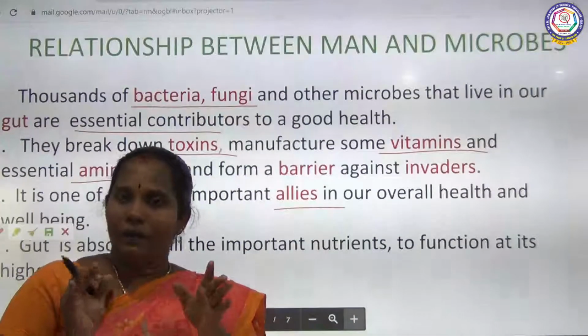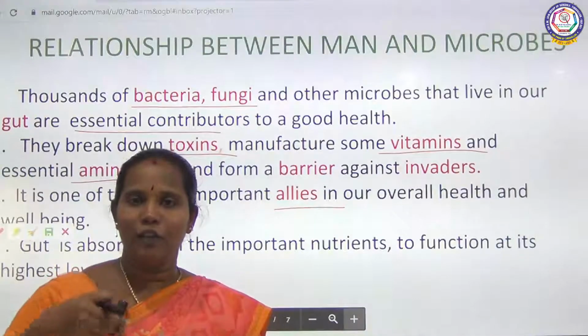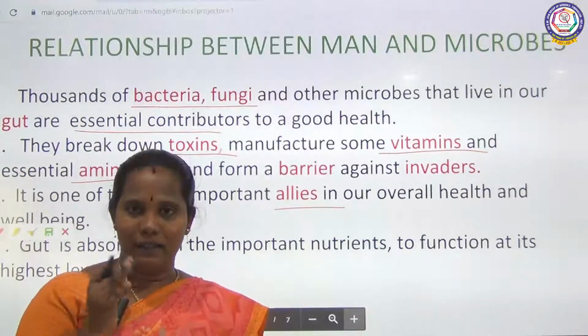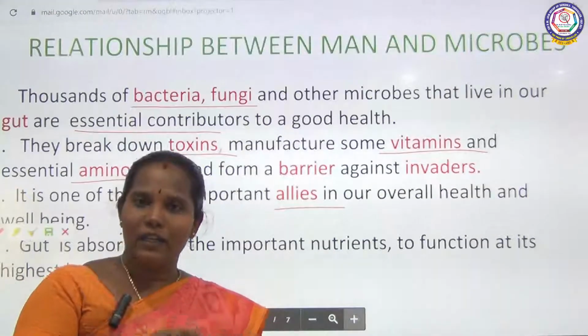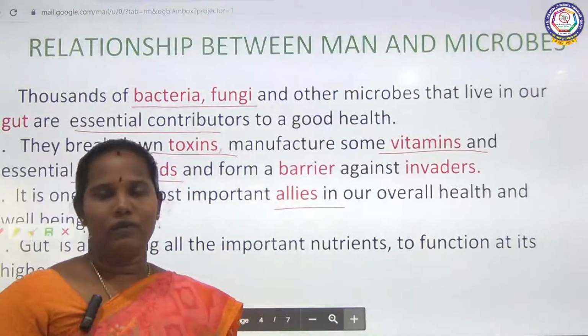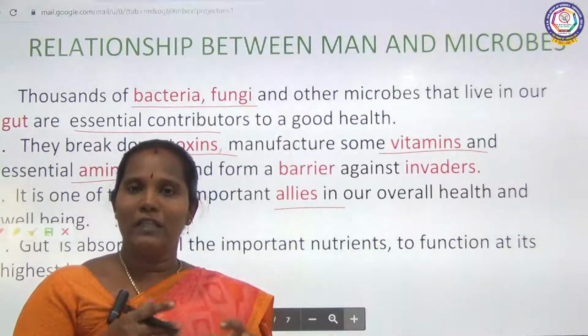See, we know very well we are having food. When the food enters the stomach, the stomach digests the food particles. After that, it is sent out to the small intestine. The small intestine has a lot of microbes, we know that, no. Here microbes help to digest the food.